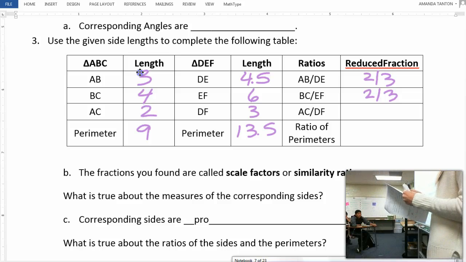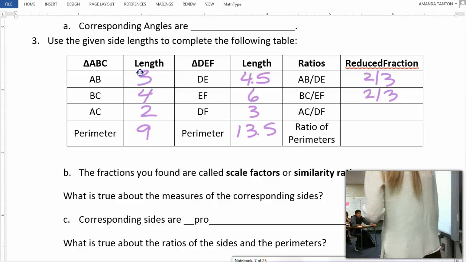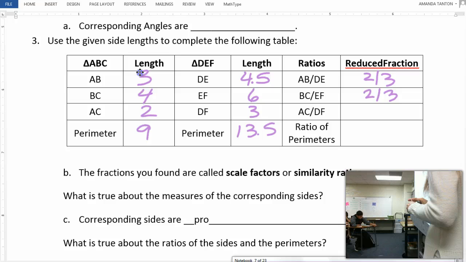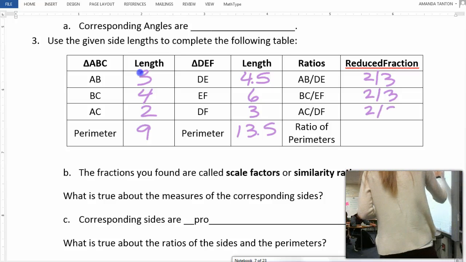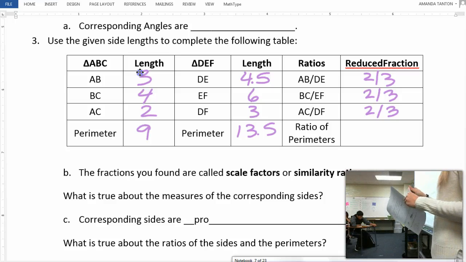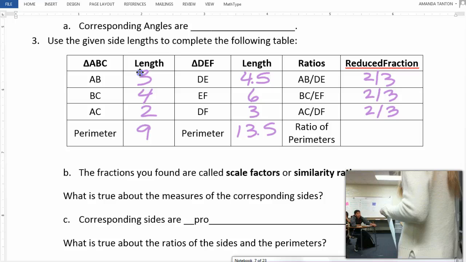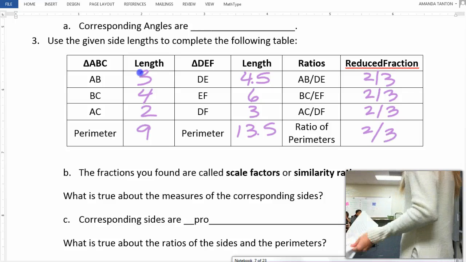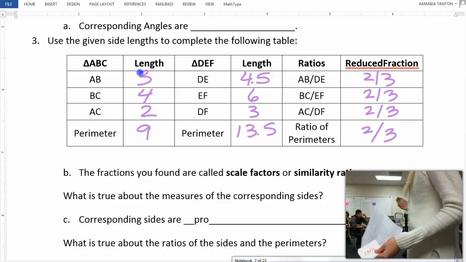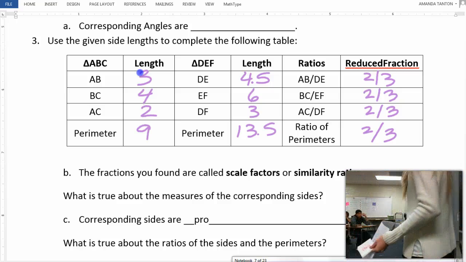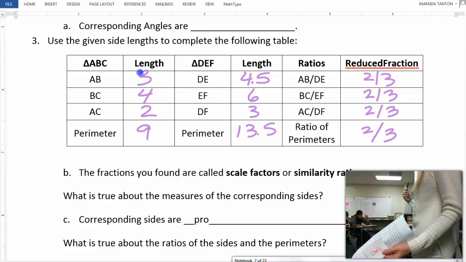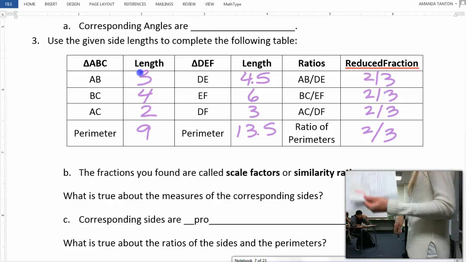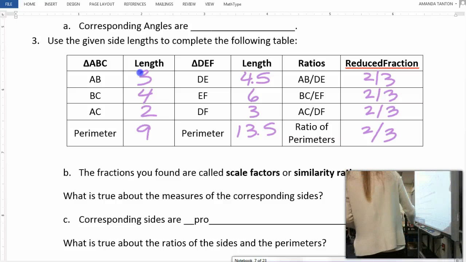Whoa, is there a pattern going on here? Elijah, what is the ratio of AC to DF? 2/3, 2 to 3. Ooh, what about the perimeters though? Is something going to go crazy on the perimeters? Chris, what's the ratio of the perimeters? It reduces to 2 to 3, 2/3. That's insane. Even the perimeter with those ugly decimals reduces to 2/3. So something is going on here.